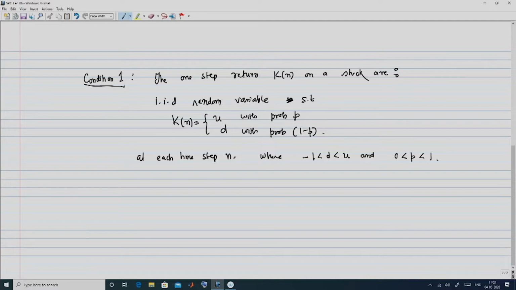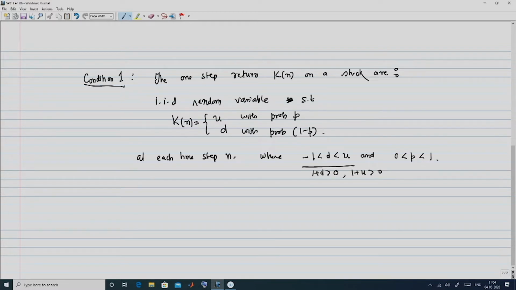We take the condition minus 1 less than d less than u, the reason being that I want first of all that 1 plus d should be greater than 0, and then obviously 1 plus u is greater than 0, so that the stock price at the next time point, obtained by multiplying by either 1 plus u or 1 plus d, will still be positive.